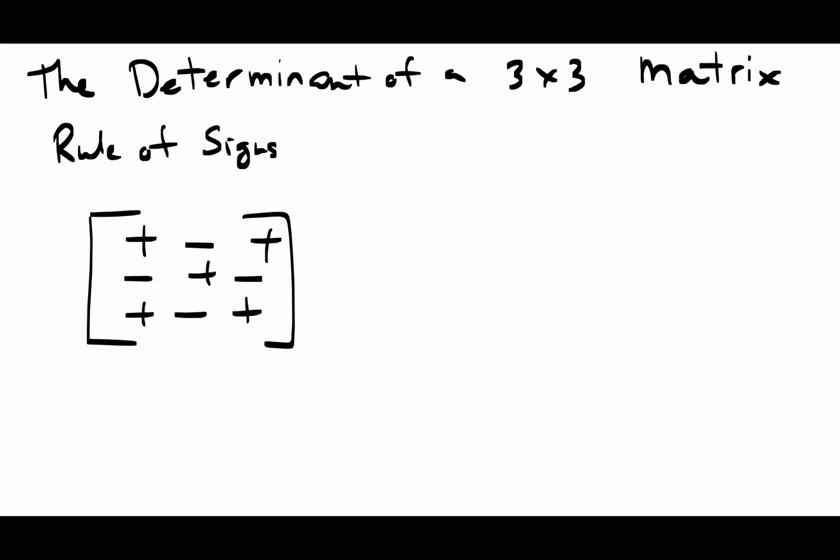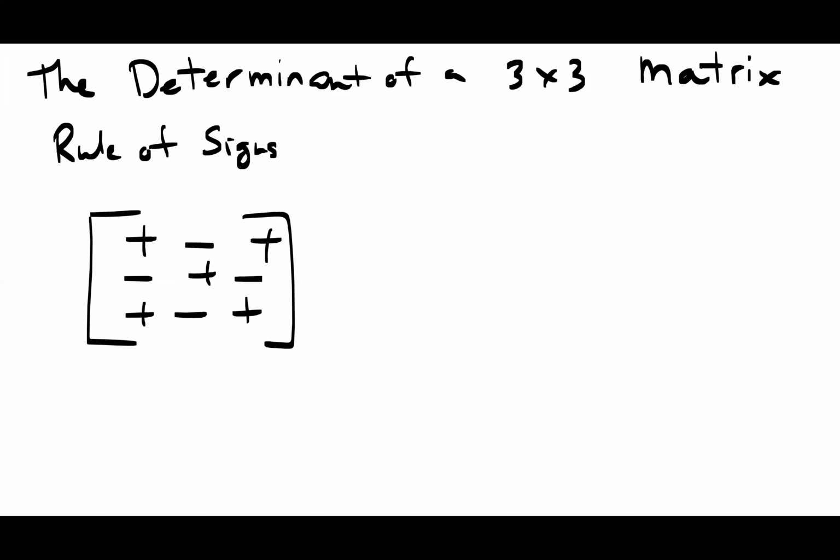But now we have a 3 by 3 matrix. Here's our little rule of signs. As you go horizontally across, you start with a plus, and you just change signs as you go. So plus minus plus. The next row is going to be minus plus minus, and you keep on going, changing signs. Plus minus plus. So, rule of signs.